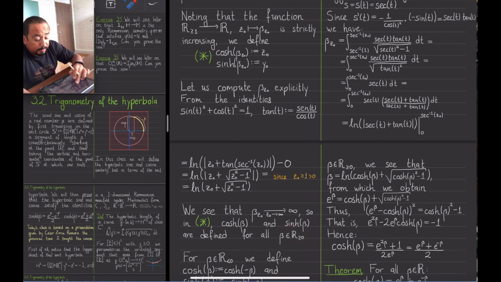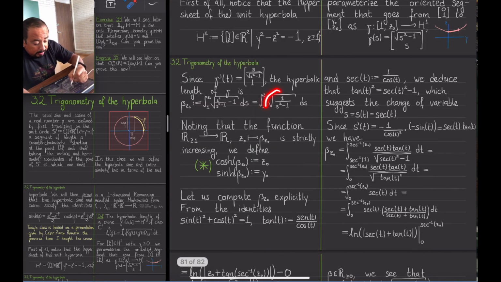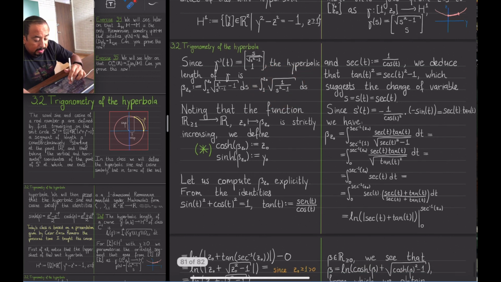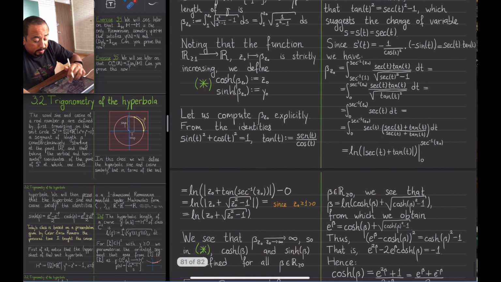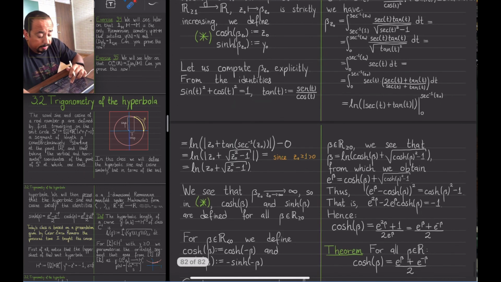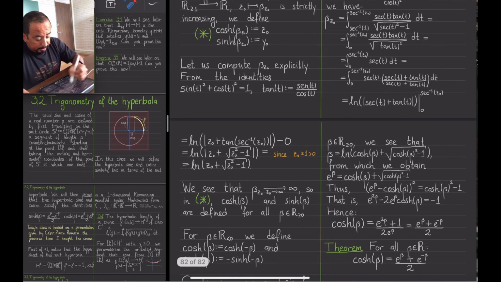The fact that this is always positive, and hence the integral increases as z0 increases, tells me that this is increasing. So injective. So this means that this is well defined, right? And now for all positive real numbers.